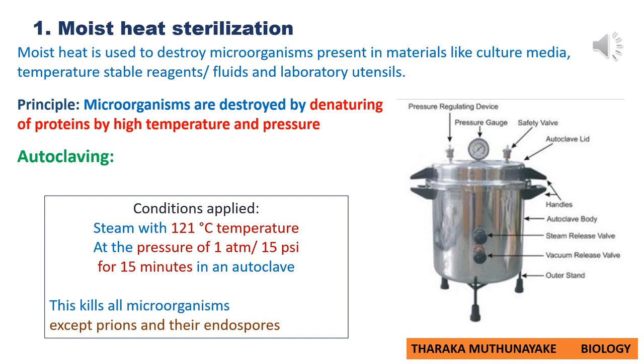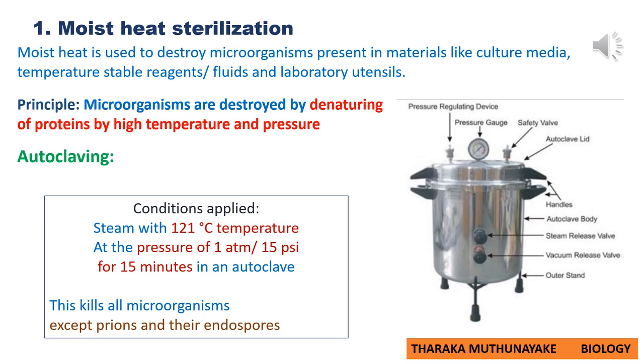The common example of moist heat sterilization is autoclaving. Actually, autoclave is the instrument used in this method. You can observe there's a diagram in this slide. It represents an autoclave. The pressure and temperature can be adjusted within that autoclave. Here you have to memorize these conditions in each sterilization technique.